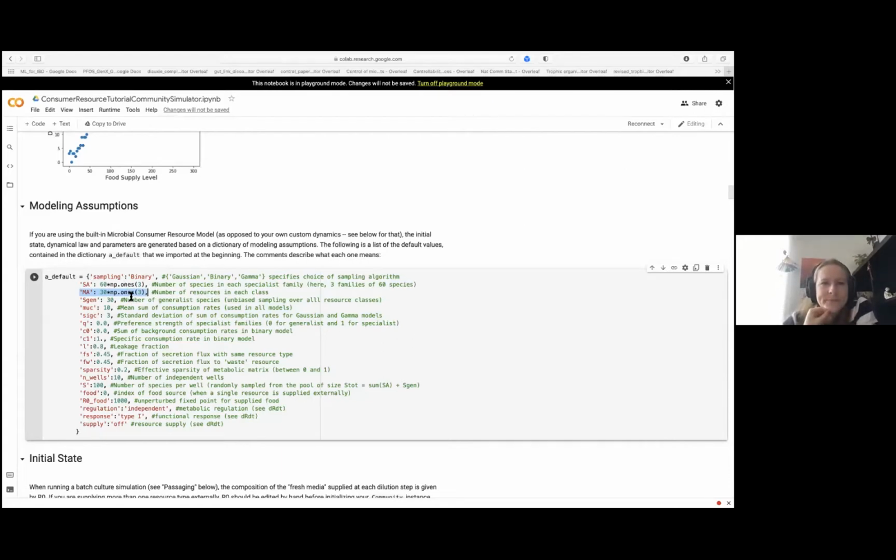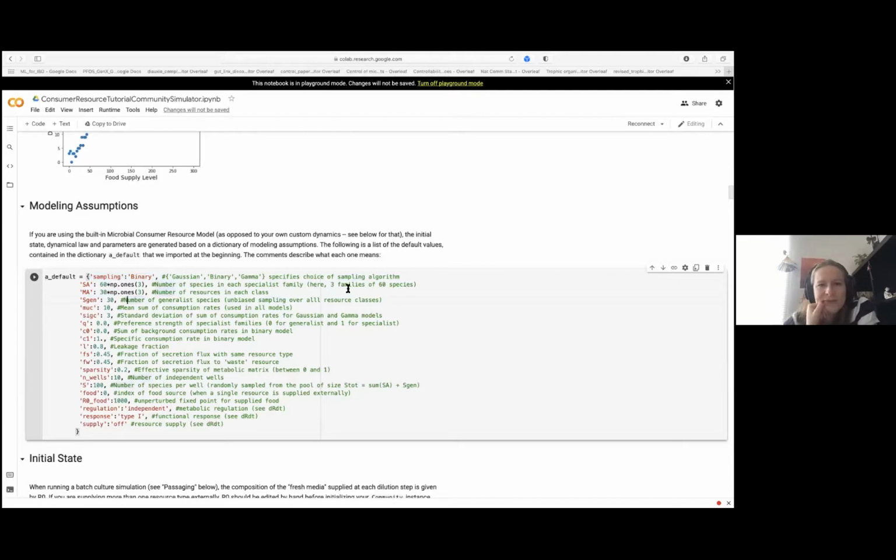And also for sampling of species from your species pool, you can use various popular methods. The simplest is binary, but it can be Gaussian or something else.